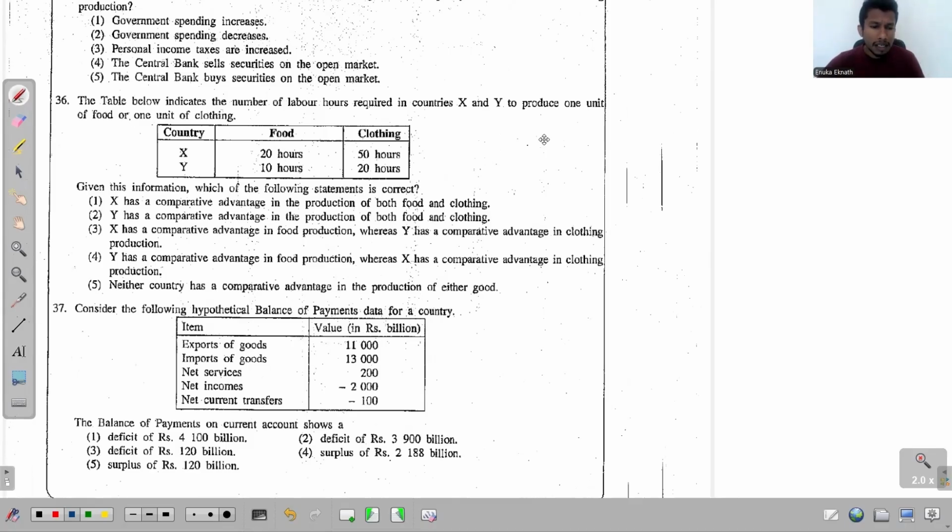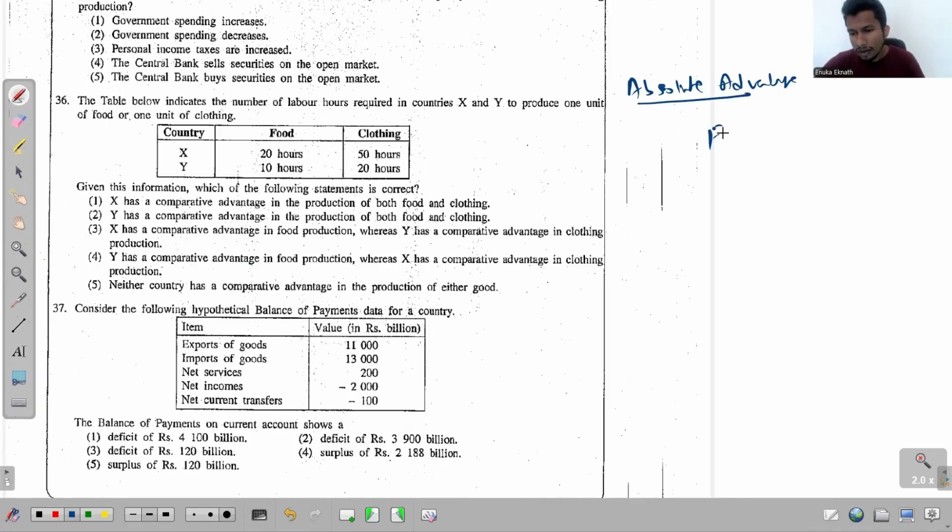So to recognize, by looking at the options, we can understand that they talk about the comparative advantage, only about the comparative advantage. But let me show you both the absolute advantage and the comparative advantage, both.